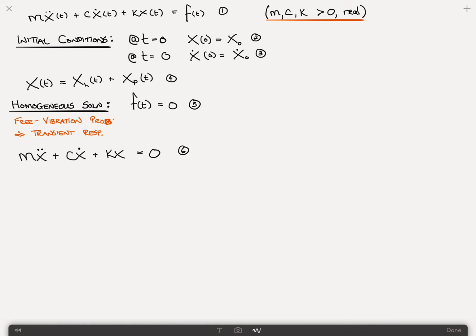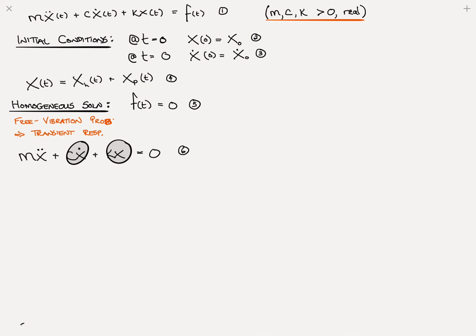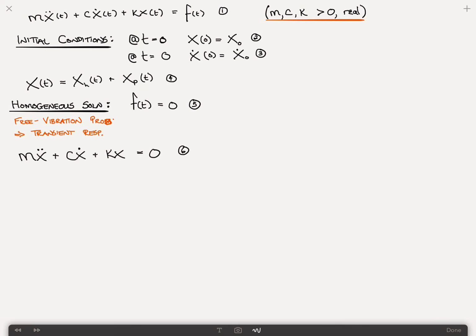Now in equation 6, we have x and its derivatives multiplied by constants, which we've said are positive and real, and somehow those added together equal 0. So what is the sort of function that might be a good candidate for a solution? Well, it turns out the exponential function is e to the rt. Why? Because each time I take the derivative of e to the rt, I'm just multiplying by r.